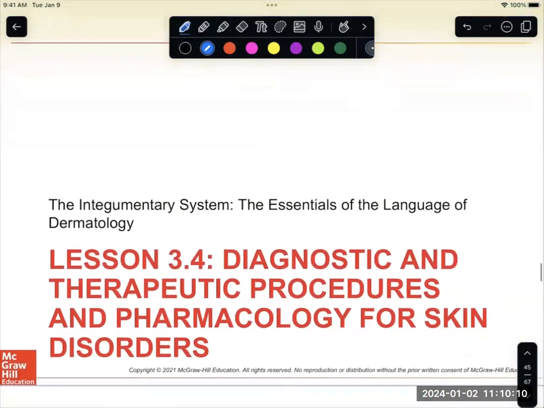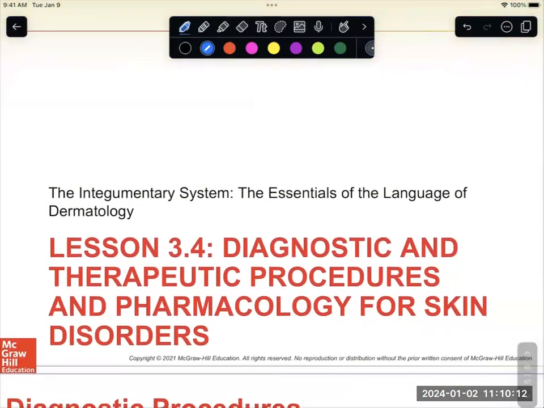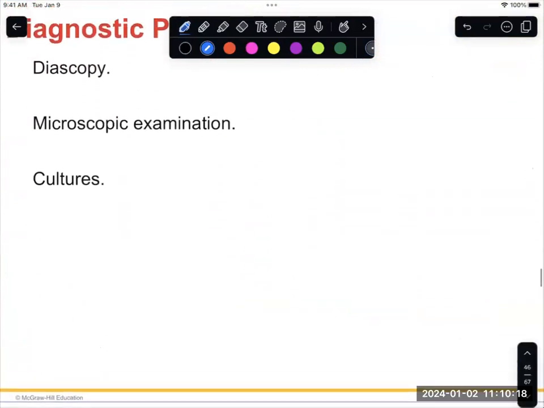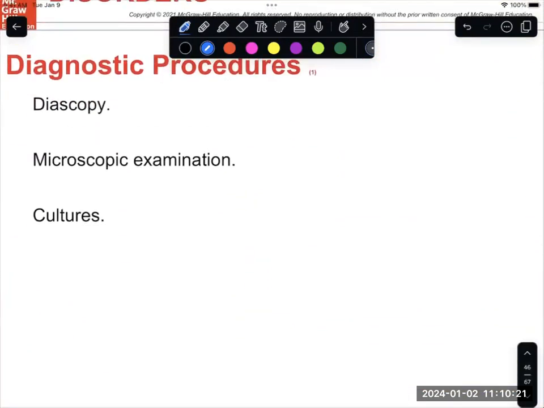So, diagnostic and therapeutic procedures and pharmacology of skin disorders. Diascopy is where a microscope slide is pressed against a lesion to see if it blanches. This helps to tell us if it's some sort of vascular lesion or not.